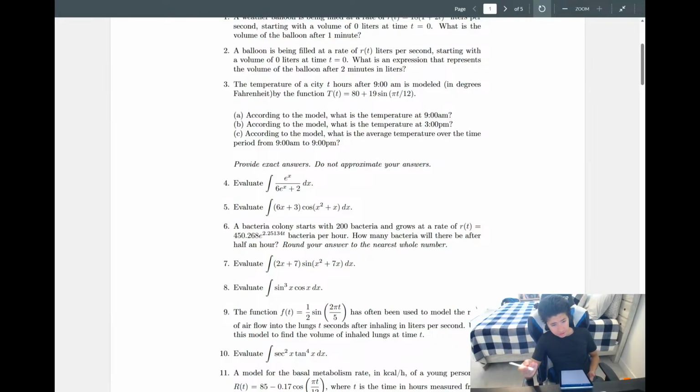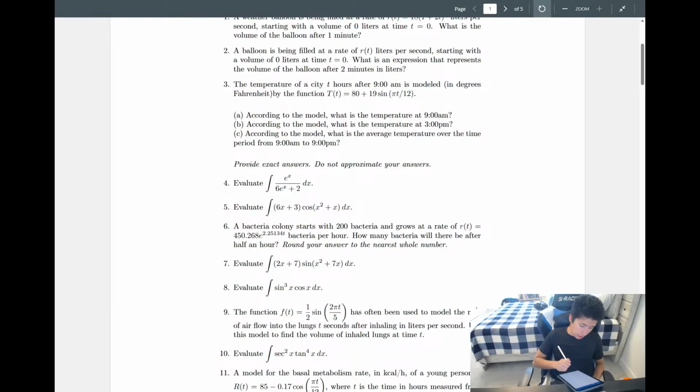9 a.m. That's t equals 0. 9 p.m. Oh, whoops. We forgot to modify our bounds. Hopefully that's it. So when t is 0, pi t over 12 is 0, so we get 0 in the lower bound.